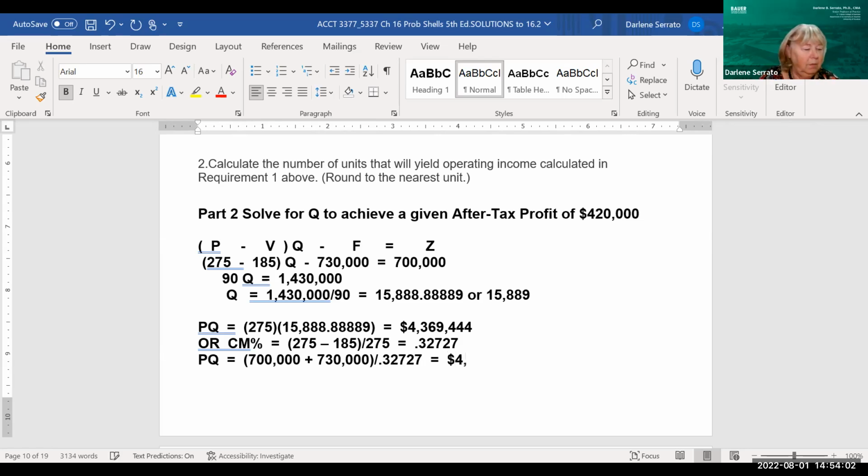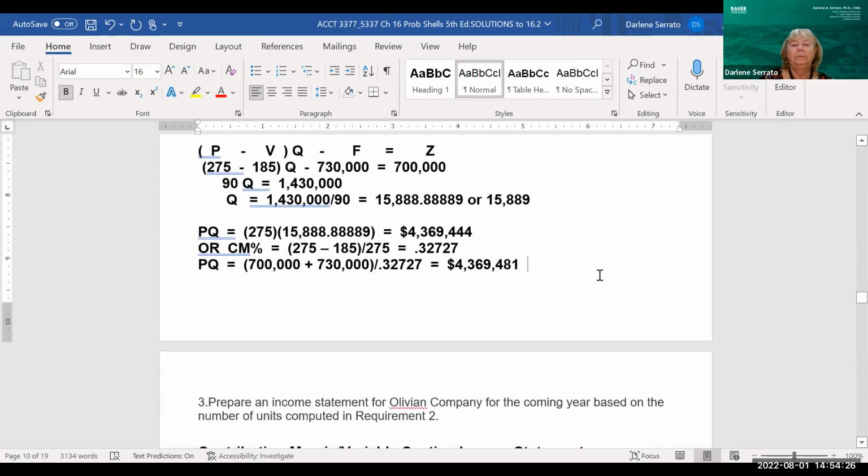That is 4,369,481. We're off by about $37, and that's because of rounding. We did rounding here, and we also rounded up here.